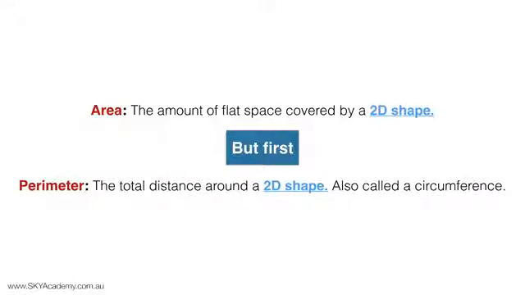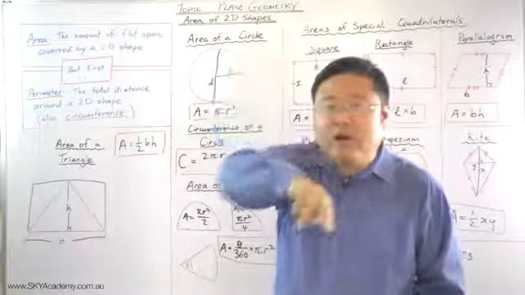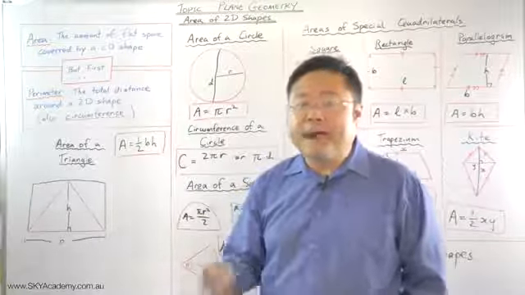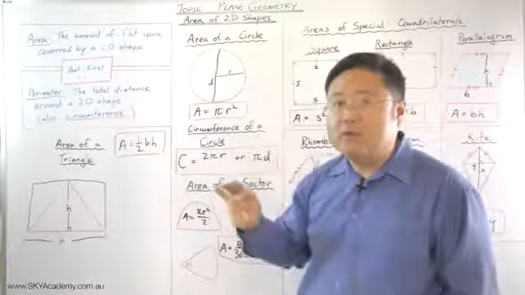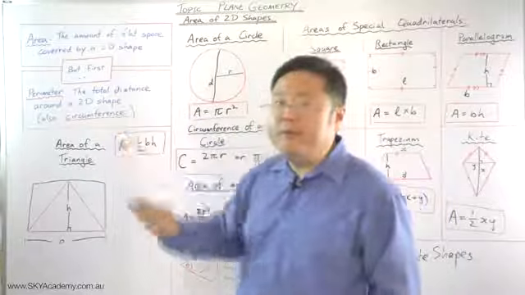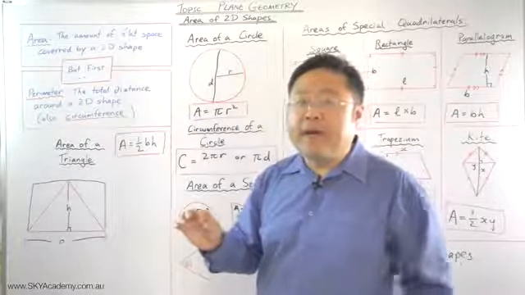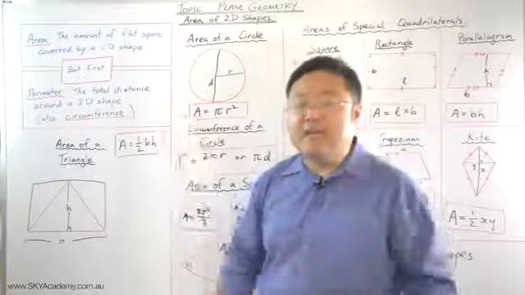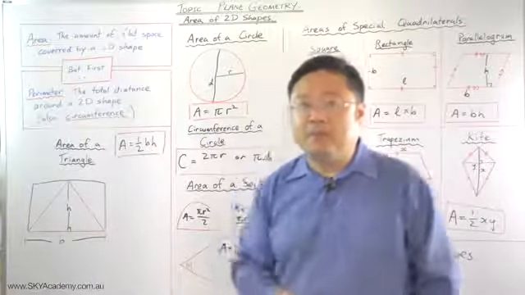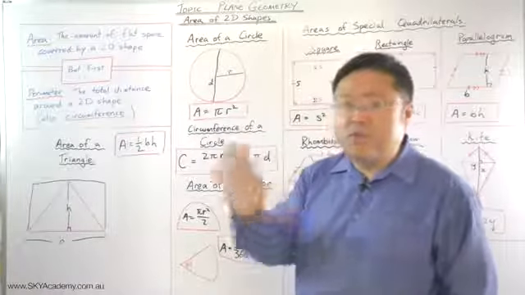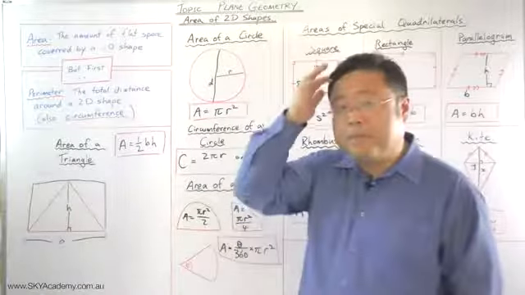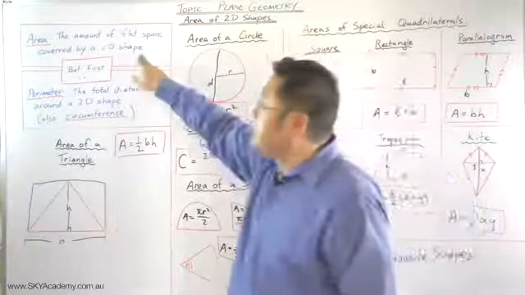If you were a little bug, perimeter would be the total distance you walked if you took a walk along the edge of the shape back to your starting point. Whereas area would be how much space you have to play inside that shape, to have fun and enjoy it like a playground. So that's the difference between area and perimeter.